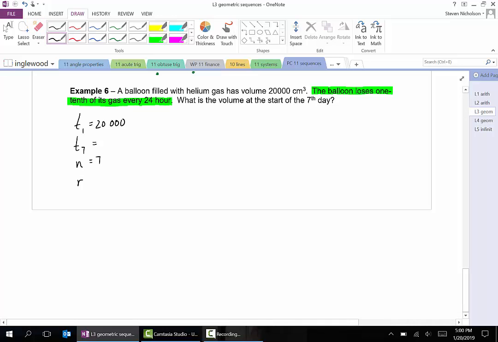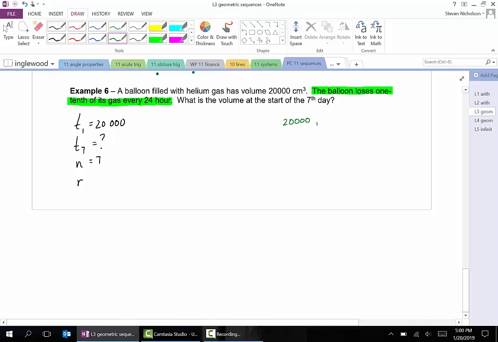And now we just have to figure out the ratio, because this is what I want to know. So I have to know everything else. And the ratio is not 0.1 or 1 over 10. So if it loses 1/10 of its gas every day, just imagine this. On the first day, it's going to have 20,000.